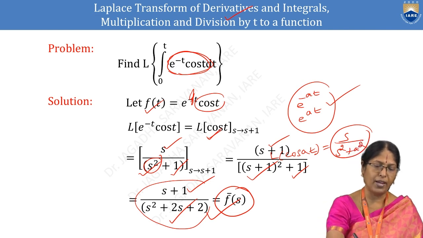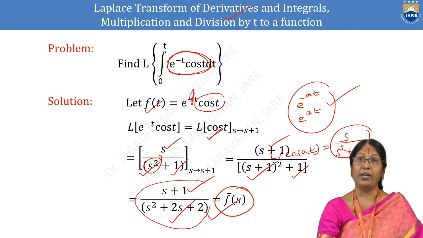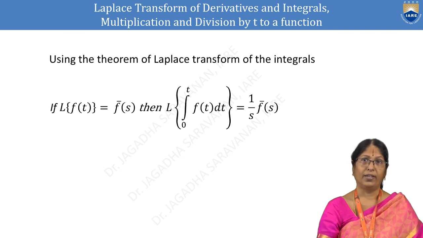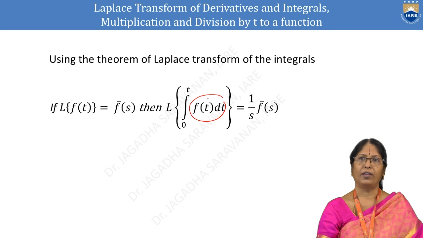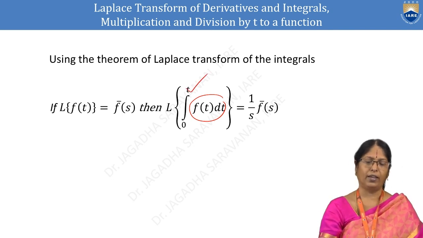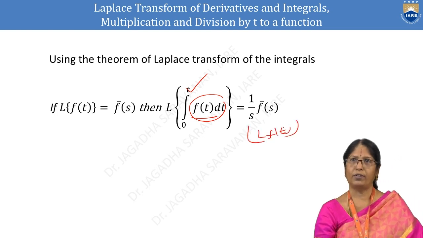Suppose, for the completed one, we again have to do an integral. How do we apply the Laplace transform? That function f of t is under the integral. Very simple thing: we have to find L of f of t, which we already found.